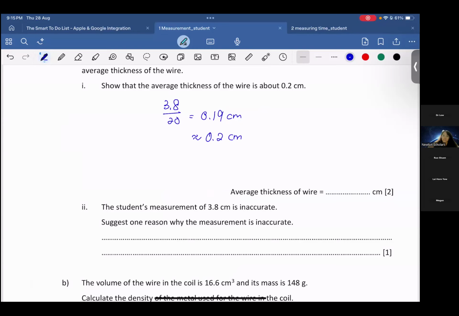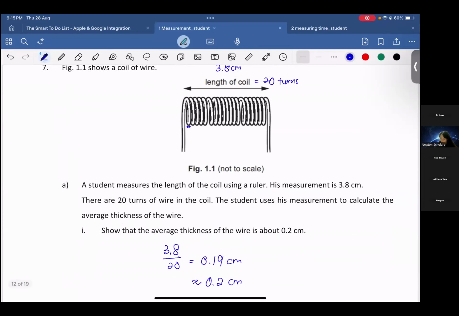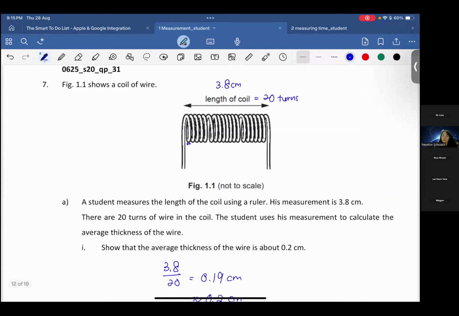Now the question tells you that the way the student measured 3.8 is not accurate. Can you give me one reason why the measurement is not accurate? Look at the diagram, and type your idea in the chat box. Why is the 3.8 reading inaccurate?